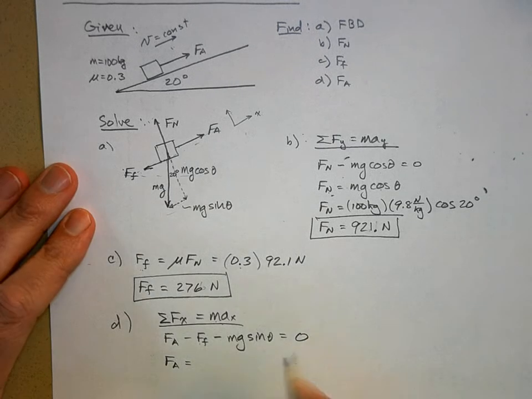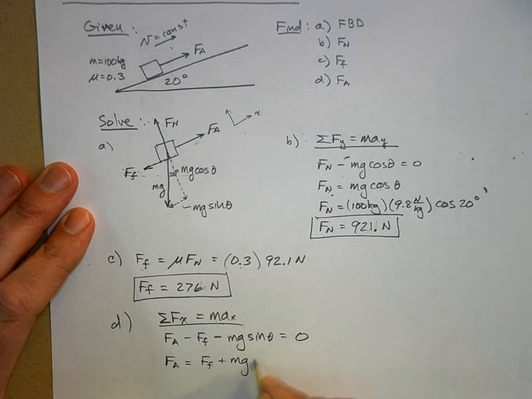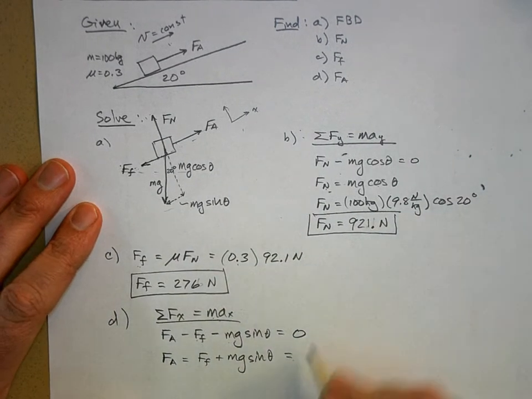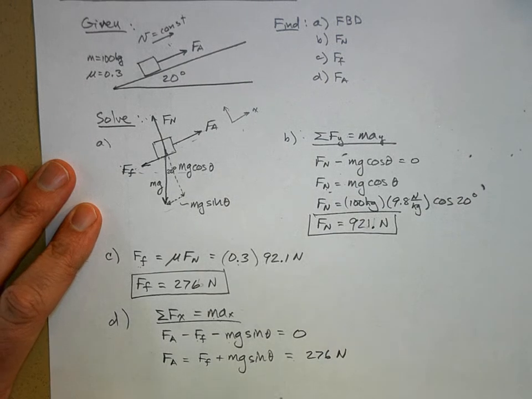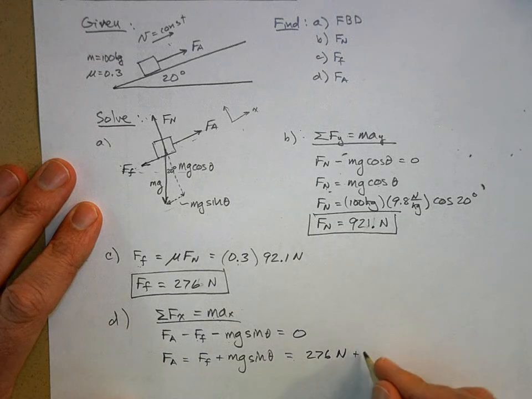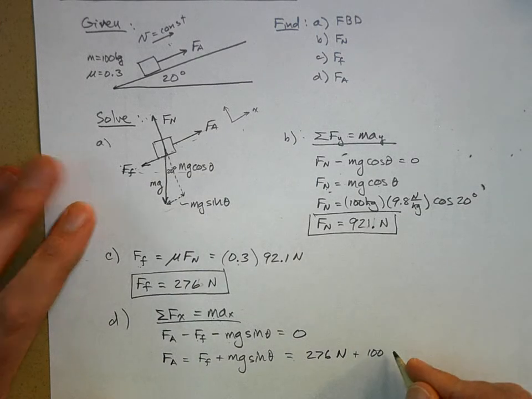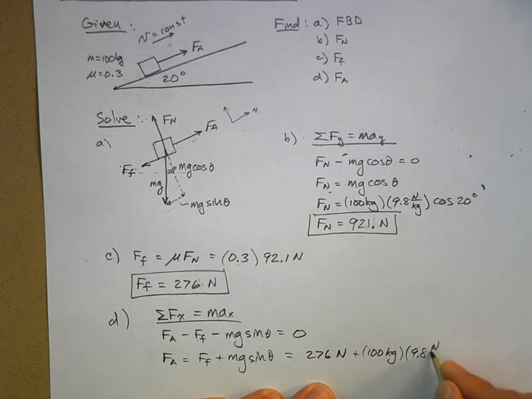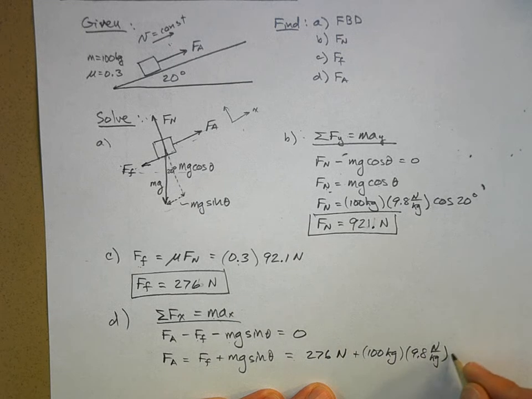So I'm going to add the force of friction. I'm going to add mg sine theta. And now I'm ready to plug in values. Well, I already figured out what the force of friction is, 276 newtons. Plus mg, 100 kilograms times 9.8 newtons per kilogram, times the sine of 20 degrees.